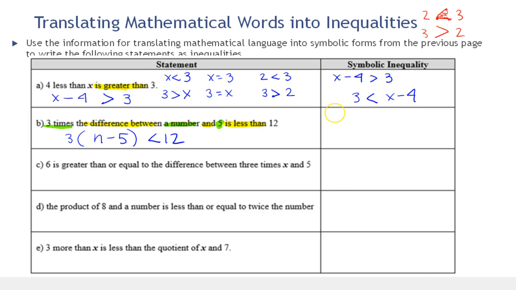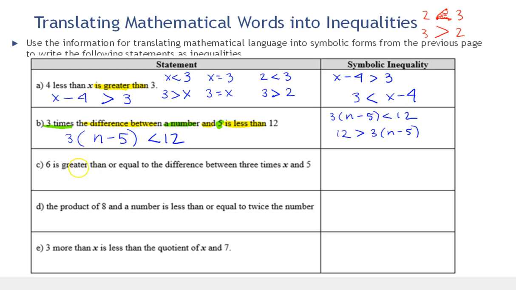So our symbolic inequality is 3 times (n minus 5) is less than 12. And if we want to write this as a greater than statement, we would say 12 is greater than 3 times the difference between n and 5. Let's look at the next one.